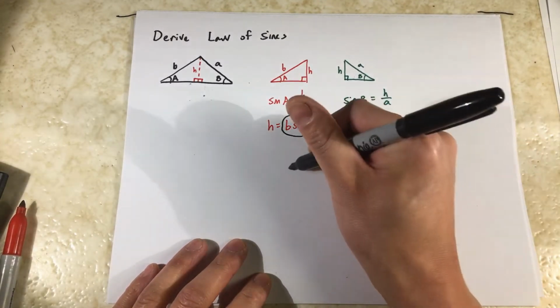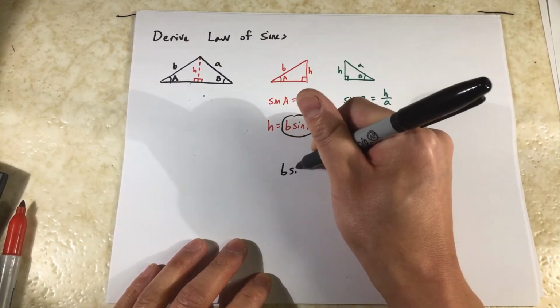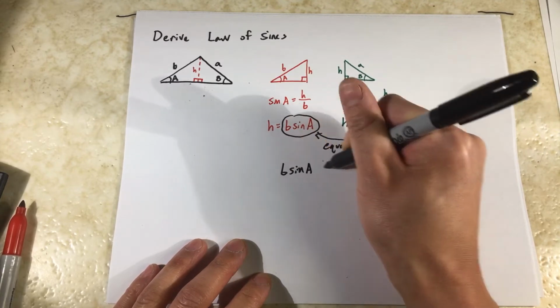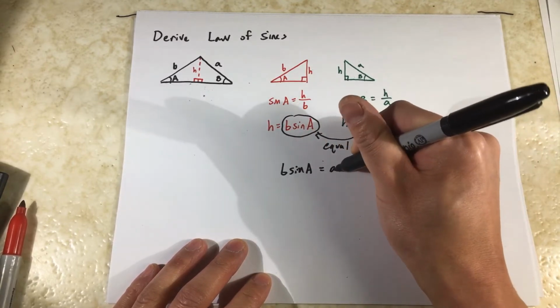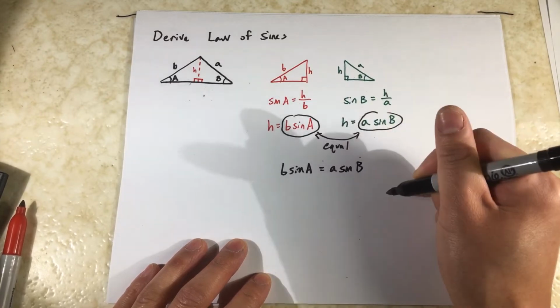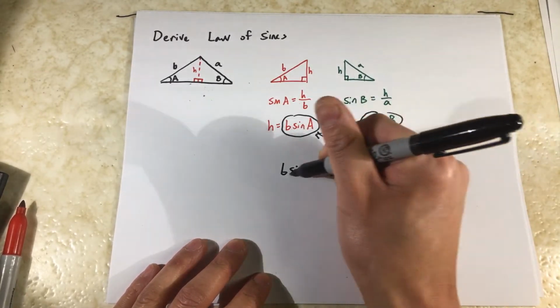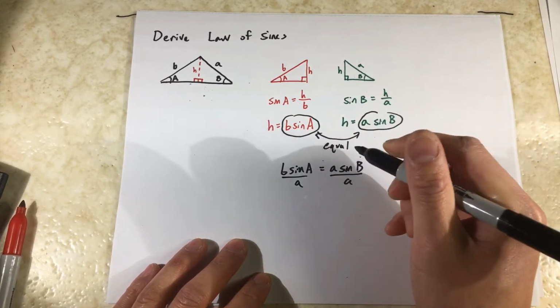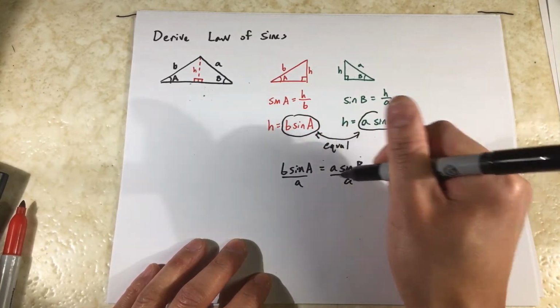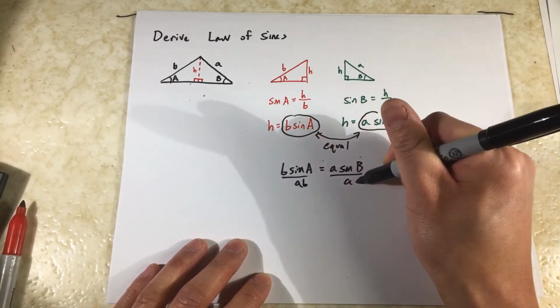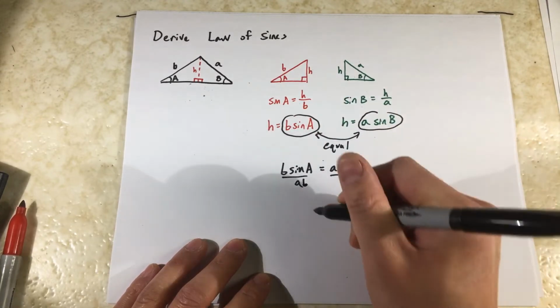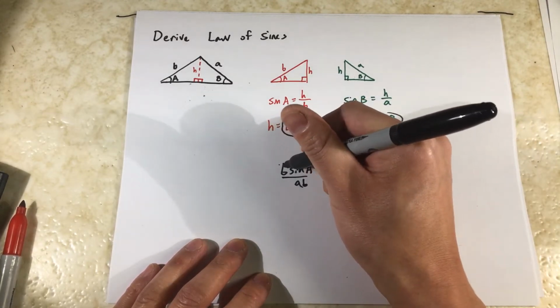And so if I write that B sine A is equal to A sine B, I just divide both sides by A, and then I divide both sides by B, so I can actually do both simultaneously if I divide both sides by AB. So the B's cancel here.